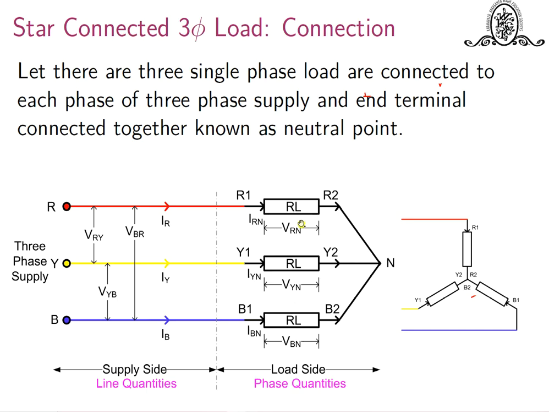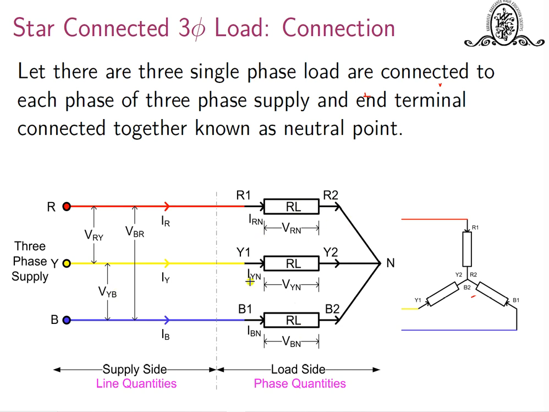Next we will see how these quantities will be marked here. Now I will mark the dotted line to separate the supply side and load side. From this point onwards, this is the load side. The single phase loads are connected across the different phases.